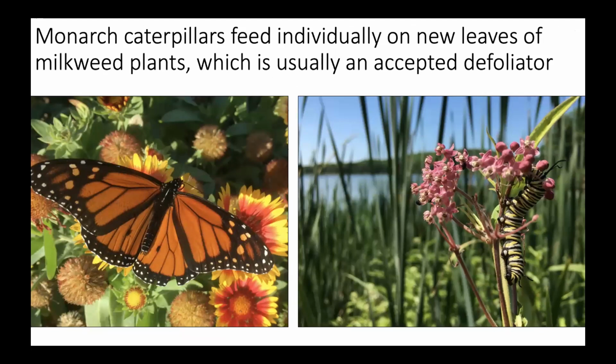So again, here's monarchs. They're going to feed on a number of plants, but as larvae, they only feed on milkweed. So that's why when we want the butterfly, we need to provide food for the adult stage: a lot of nectar, a lot of flowering plants. And then for the larvae, we need to have some kind of milkweed plant.